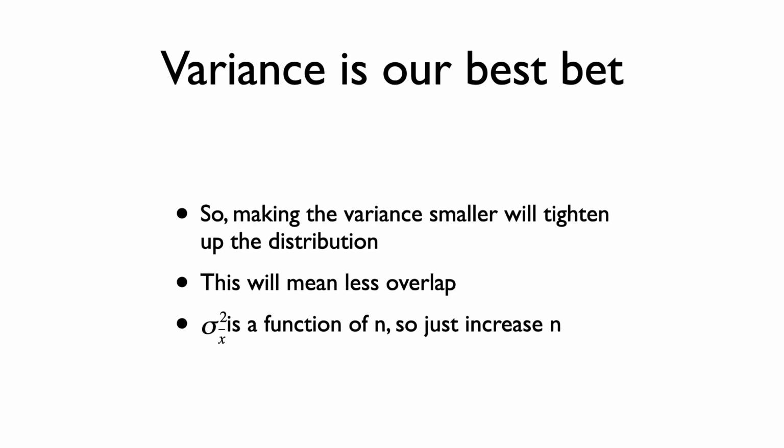Well, remember, according to the central limit theorem, which is really important to statistics, the sampling distribution of the mean has variance sigma squared over n. Oh, look, there's something we can play with. What Arwen wanted us to do, increase the number of subjects.